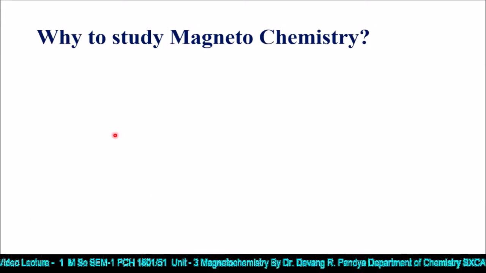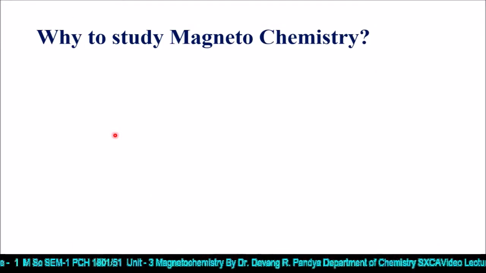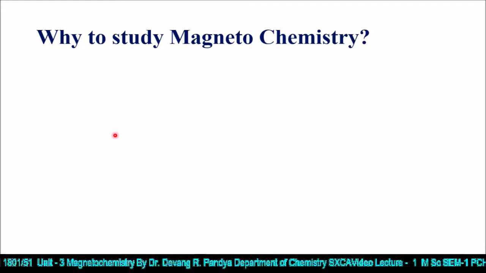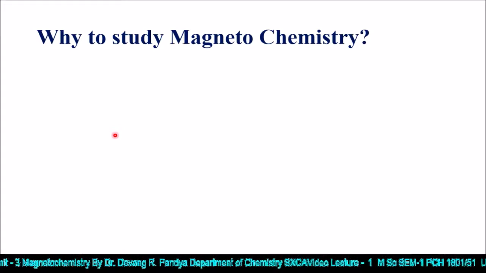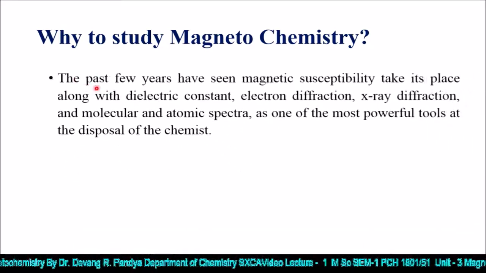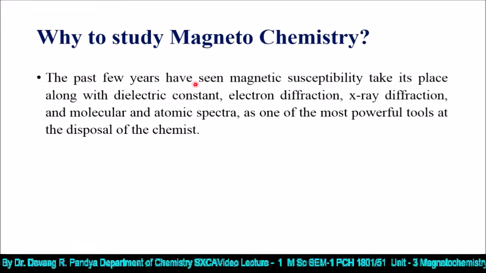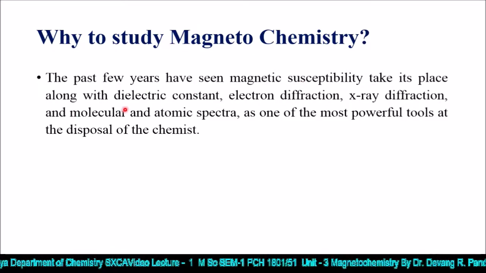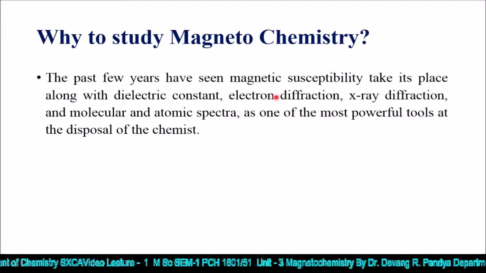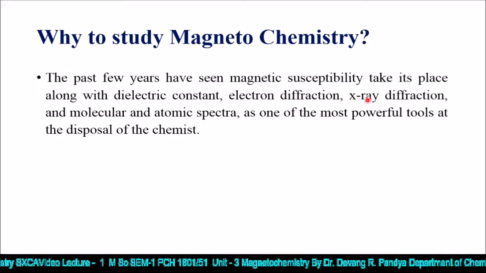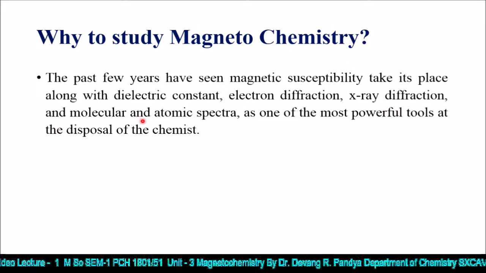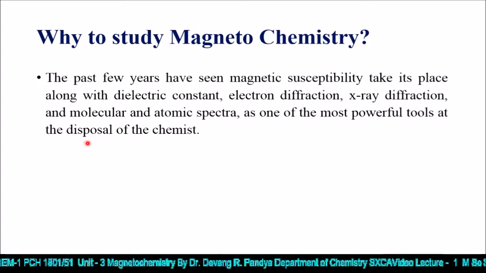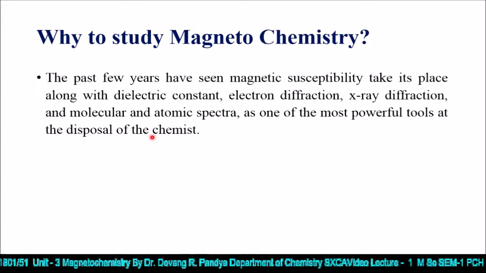Now, why do we need to study magnetochemistry? What is the importance of learning magnetochemistry, or what would be the outcome of it? The past few years have seen magnetic susceptibility take its place along with dielectric constant, electron diffraction, X-ray diffraction, and molecular and atomic spectra as one of the most powerful tools at the disposal of the chemist.